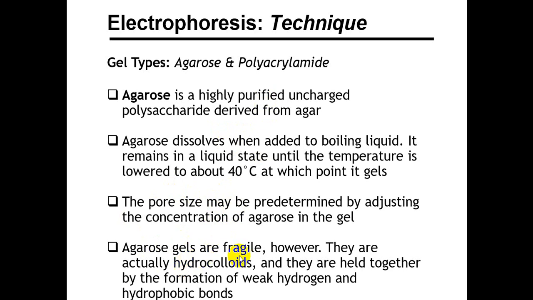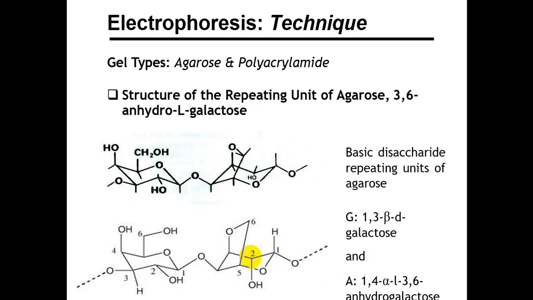Agarose gels are fragile because they are from seaweed. They are organic. They are actually hydrocolloids, and they are held together by the formation of weak hydrogen and hydrophobic bonds. So this is the structure of an agarose gel.